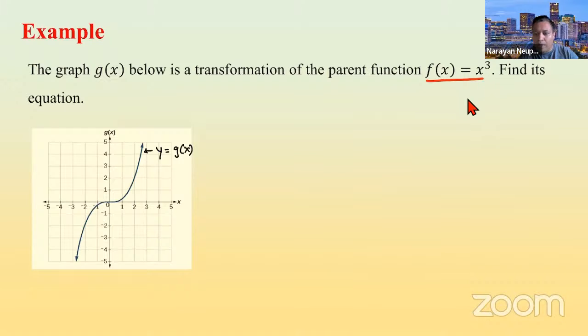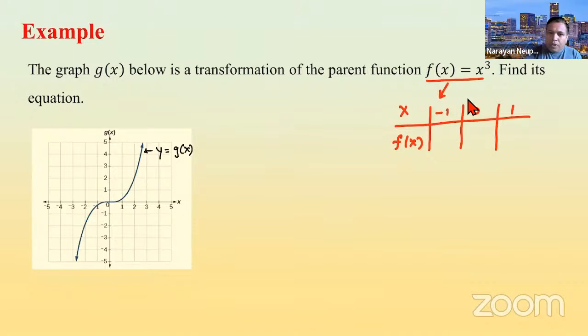If you want to see how the graph will be for that, let's quickly do something. X, f of x. Let me put some values here. The values like -1, 0, and then 1. And we can find the corresponding y values. If you cube the first value, -1 cubed, that will be -1. 0 cubed will be 0.